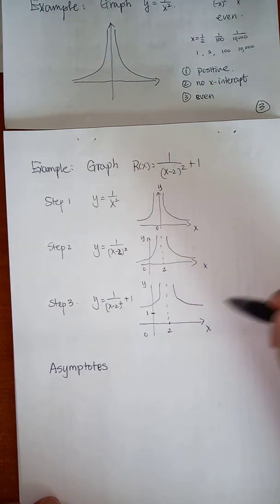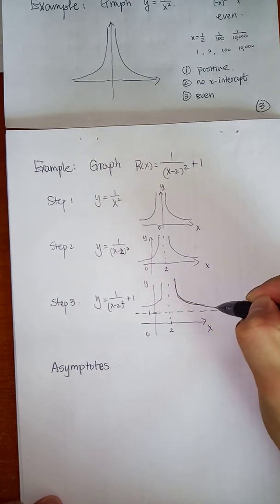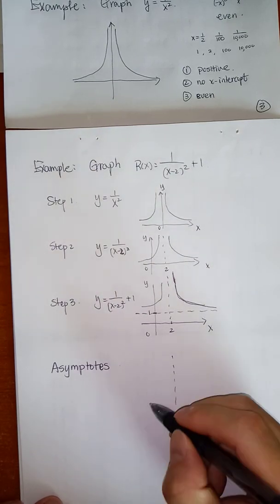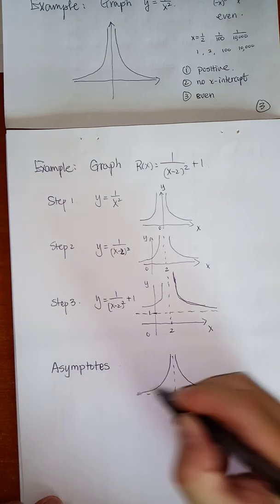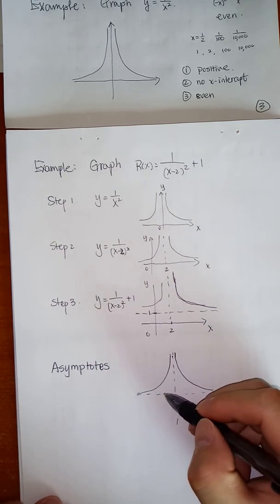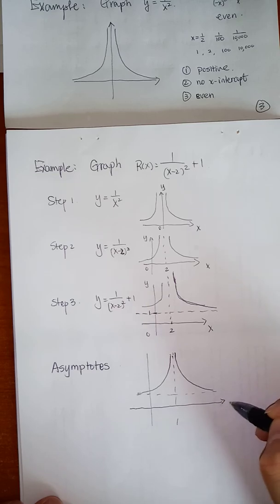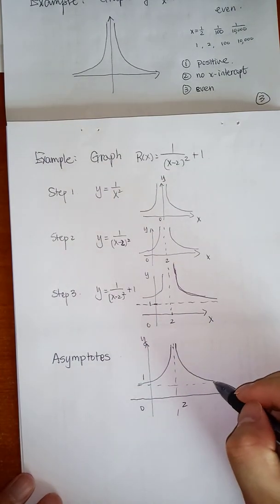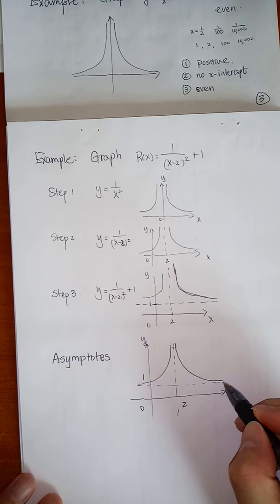And check this graph. My graph is horrible, but if I get it a bit better, let me do it here. Okay, there's no intersection, just close and close. If we check this graph, we will see that when x becomes bigger and bigger, as x approaches positive infinity, when you follow the curve, this curve is almost this horizontal line.